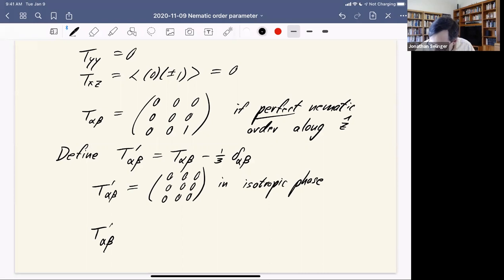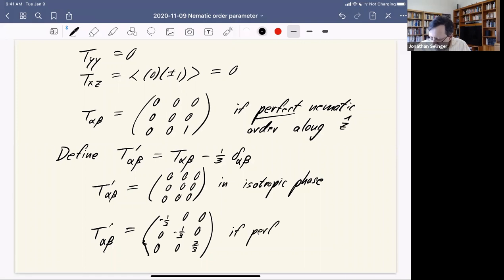And T prime alpha beta is going to be this thing minus 1/3, 1/3, 1/3 in the nematic phase, perfectly aligned along Z. So if I subtract that, that makes minus 1/3, minus a third, 2/3 along the diagonal, and 0 in all the off-diagonal places. All right, so this is if there is perfect nematic order along Z.